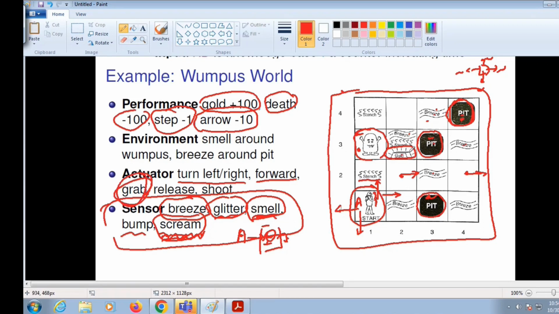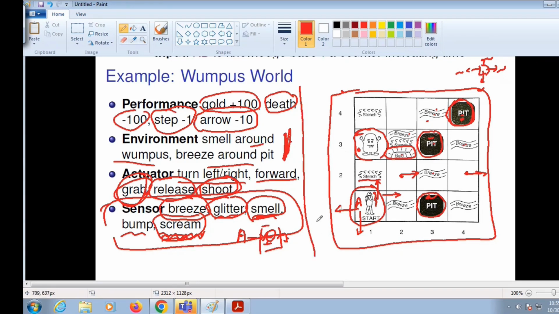Grab means if he says grab and there is gold, the gold is actually grabbed. He can release the grabbed gold, and similarly, as I discussed, he can shoot. The environment, as we said just now, has a smell around the vampus and a breeze around the pit, and this is the scenario.